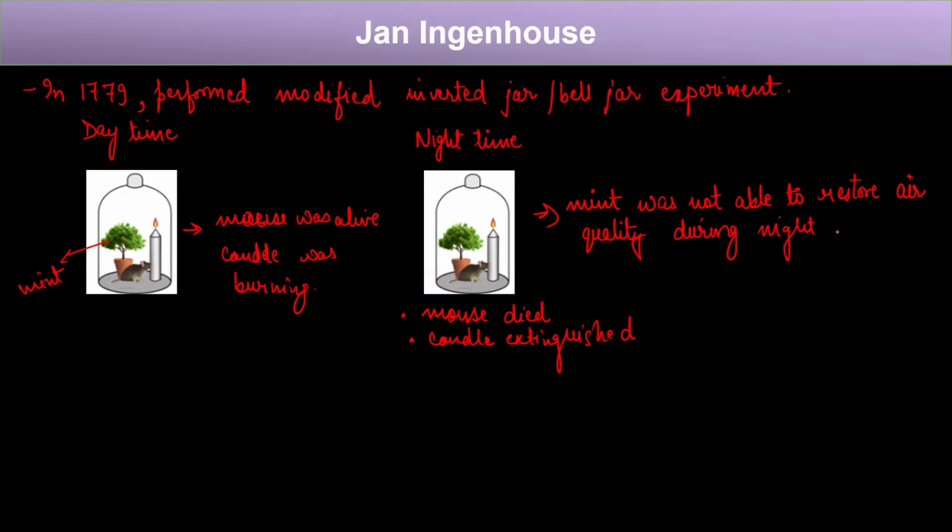Now, why would this be happening? What could be the reason? It was because photosynthesis was not happening during the night time, right? Why? Because if photosynthesis had been happening, oxygen formation would take place.